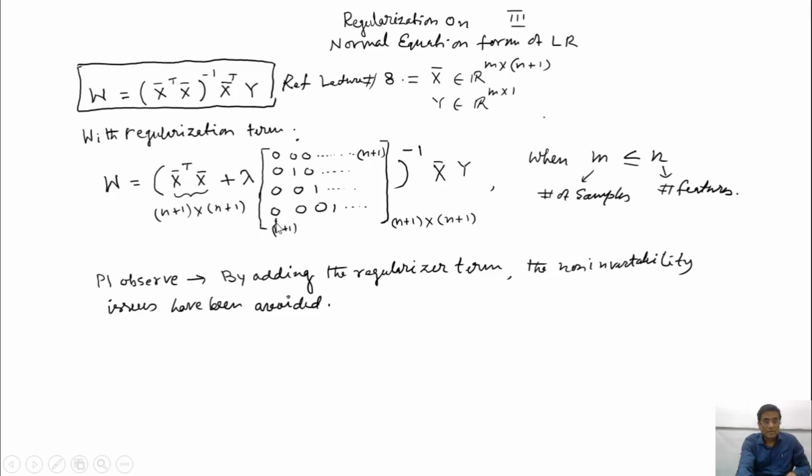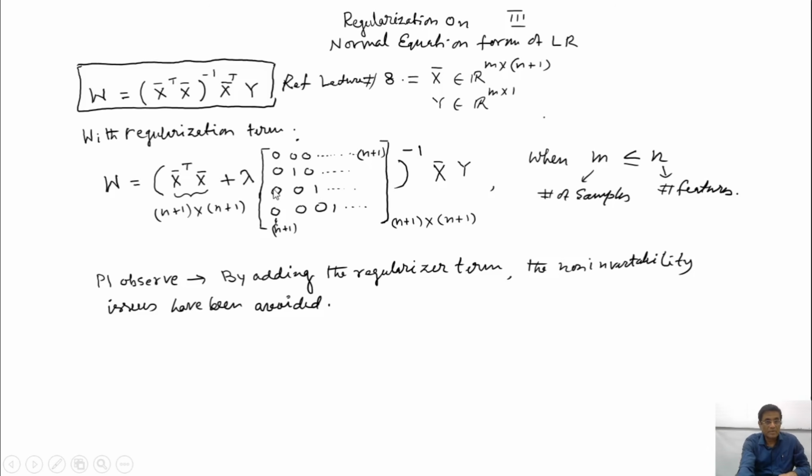So this regularizer also has to be of dimension n plus 1 cross n plus 1, and since we do not regularize the first term, we have kept the first row as 0.